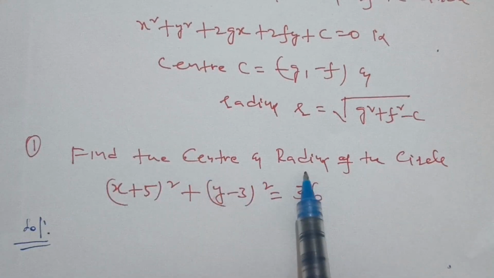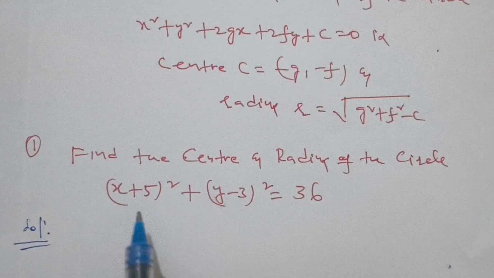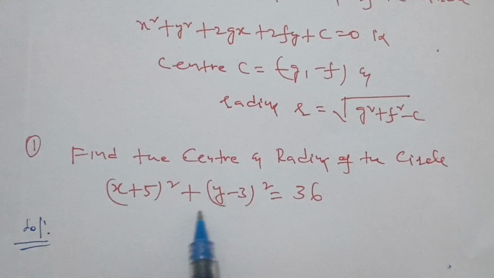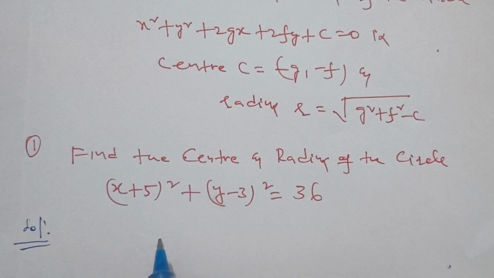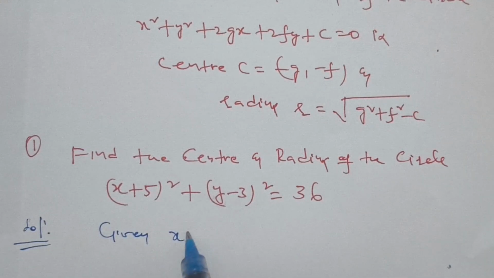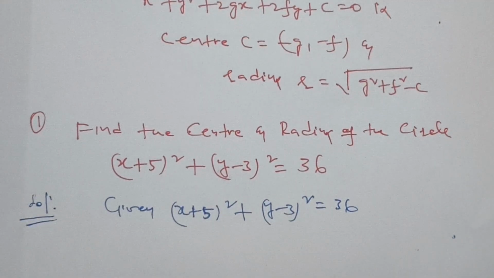Solution. In this problem, we will find the center and radius. The given equation is x plus 5 whole square plus y minus 3 whole square equal to 36.